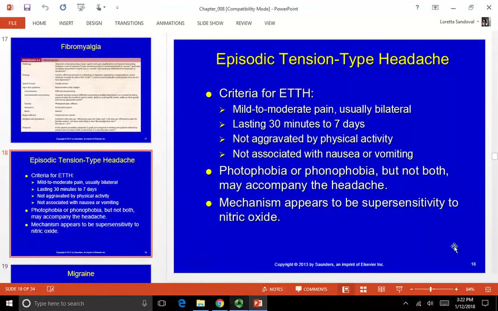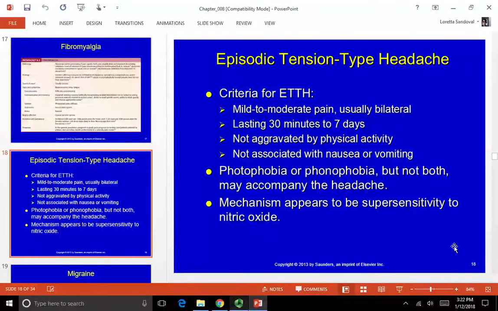So the 1-year prevalence of ETTH is 87%. Environmental factors appear to be much more important than genetic factors, such as volatile organic compounds, fumes from paint, lacquers, and plastics, molds, lighting, noise, excessive heating or air conditioning, and psychosocial pressure.